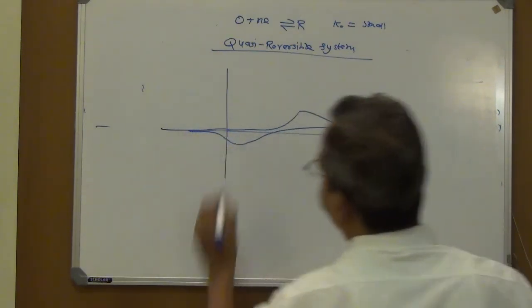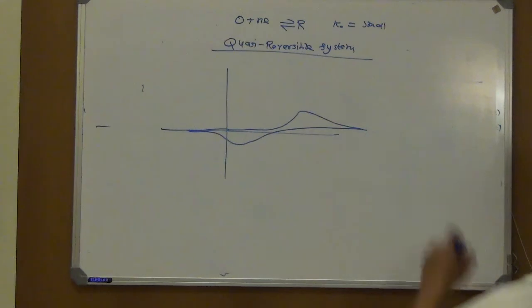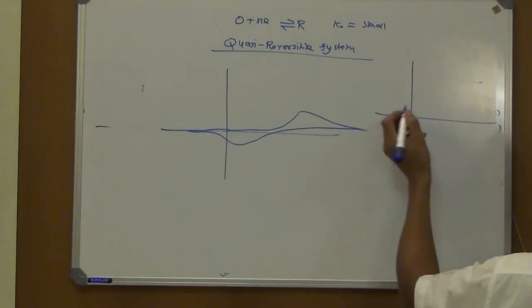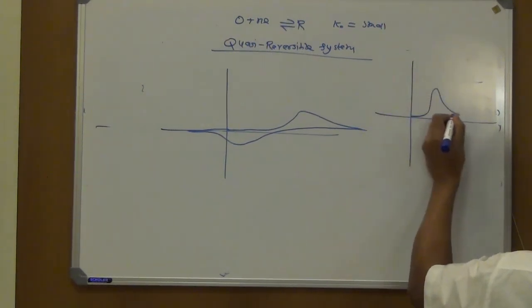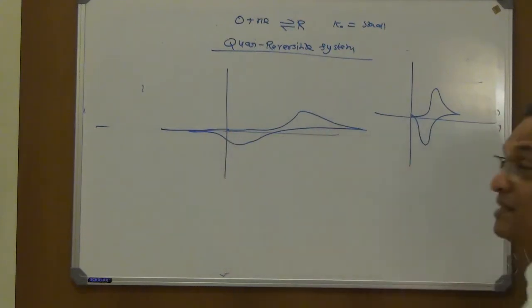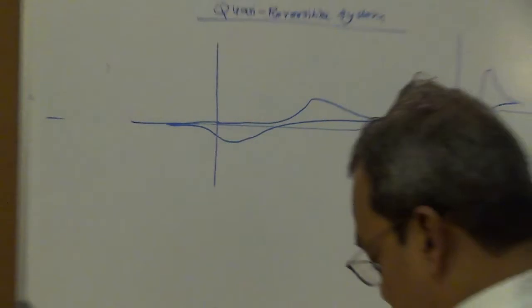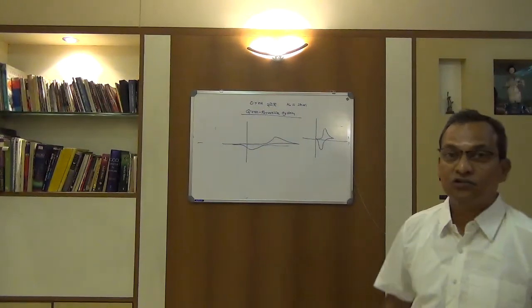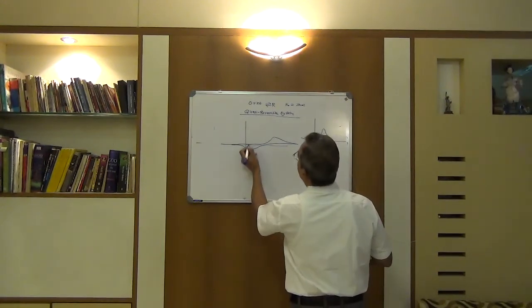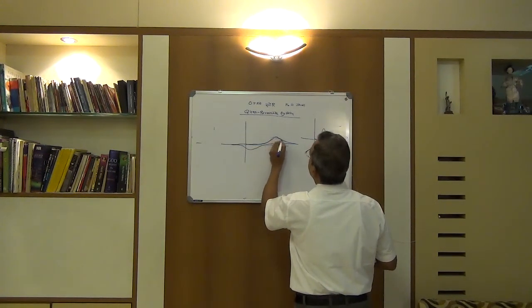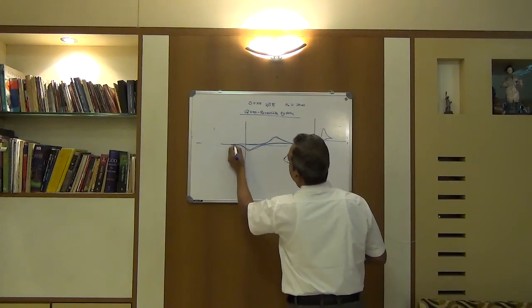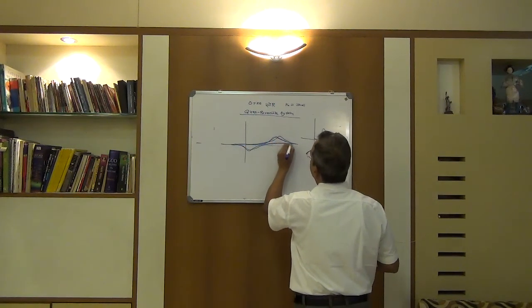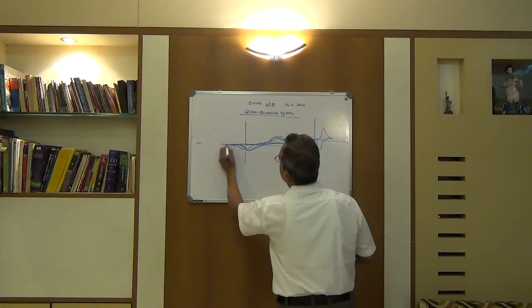Normally, what kind of response do we see? In the case of a reversible system, we get a nice response like this, right? And here you get a very sluggish response. And for this system, now the peak potential changes with the scan rate. So if you go to a higher scan rate, the peak potential is changing with scan rate like this. If you go to a higher scan rate, you get still more diffuse peaks like this.